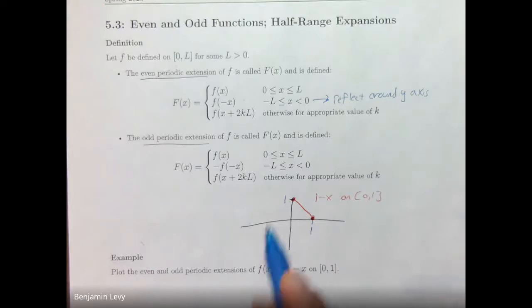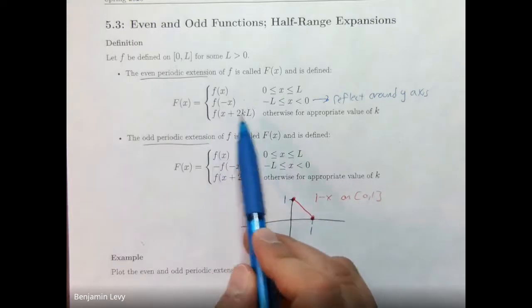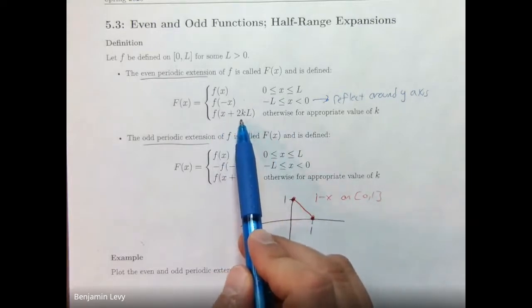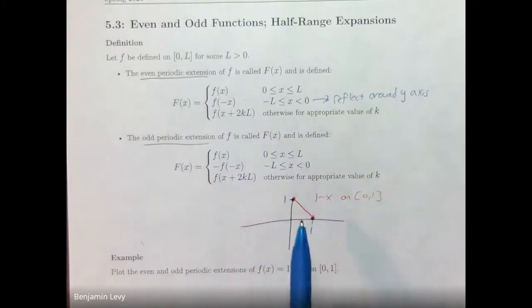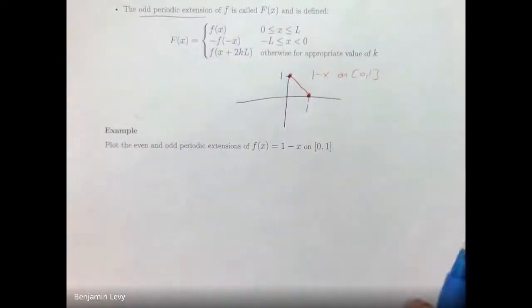And then the third part says, copy the rest of it every 2L units. And so if this is our graph, let's draw the even periodic extension.